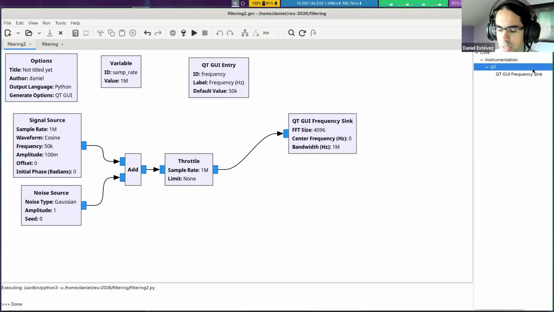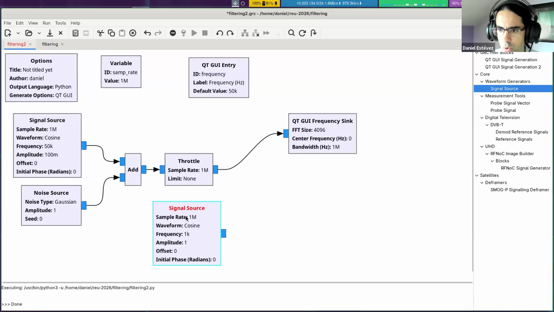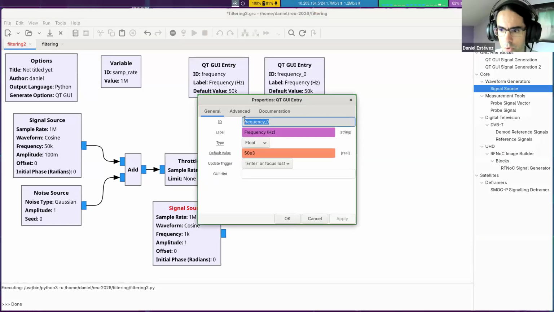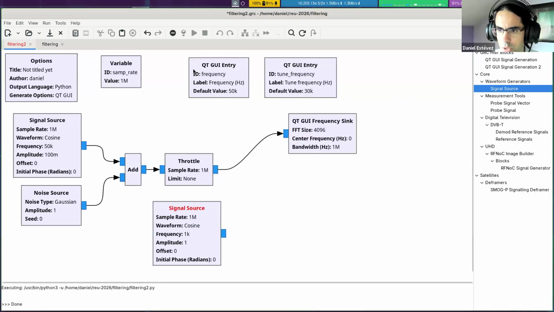We have already seen that we can have a signal source which plays the role of the local oscillator. I'm going to call this tune frequency because it is the frequency to which we are tuning our receiver. So maybe let's make this 30 or whatever.